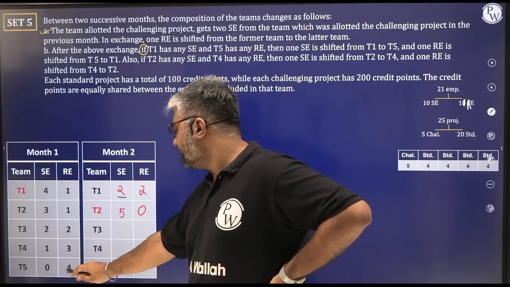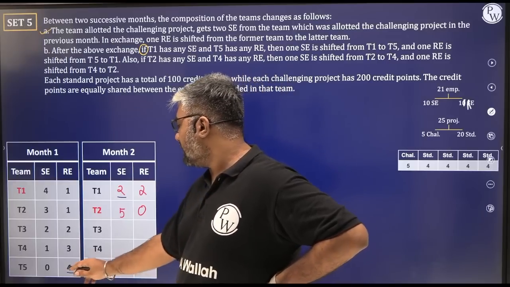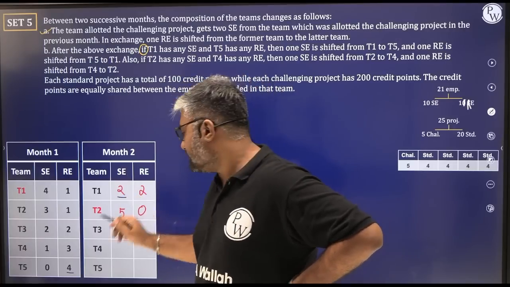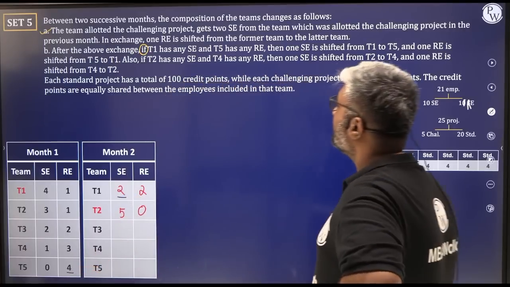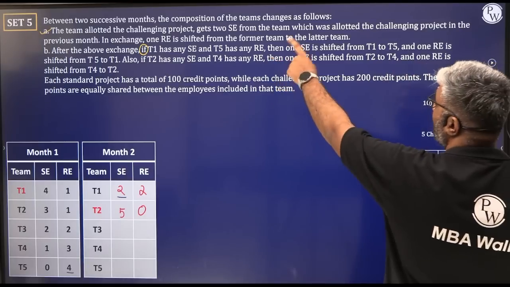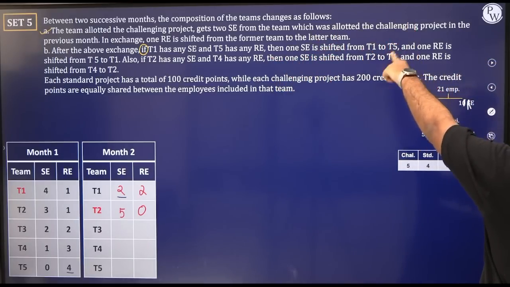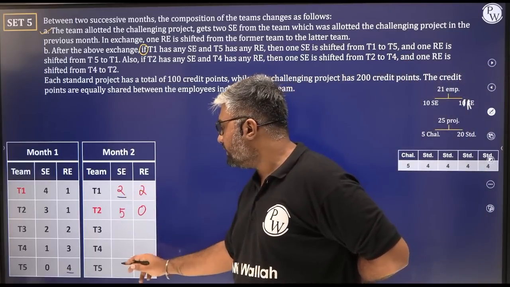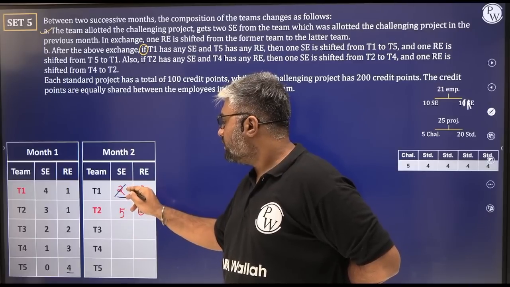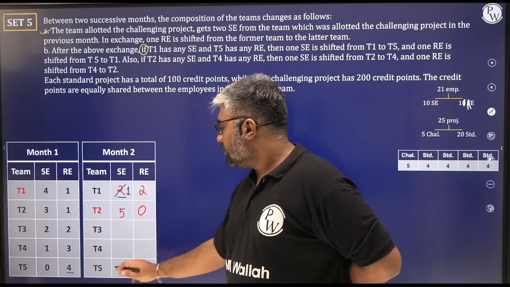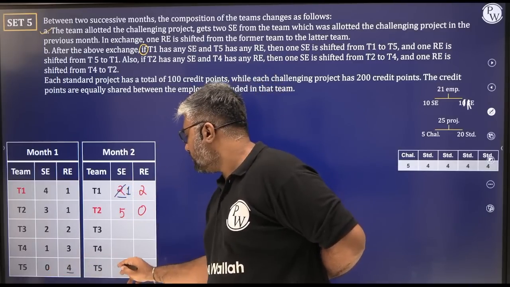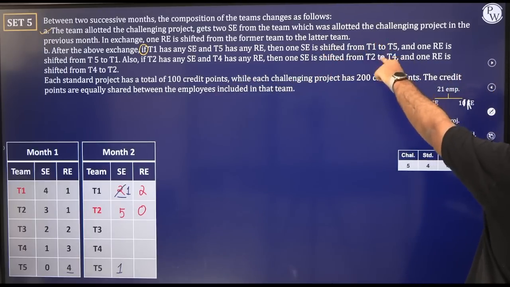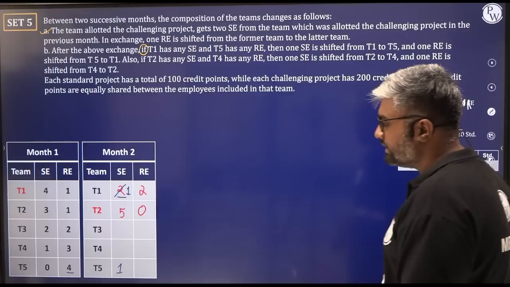We'll see what happens to these 4. So there is an SE here, they have REs here. Then what happens? The condition is satisfied. Then 1 SE is shifted from T1 to T5. So this was 2, this will become 1. This was 0, this will become 1. Are you getting this? 1 SE is shifted from T1 to T5. Works. Yes.